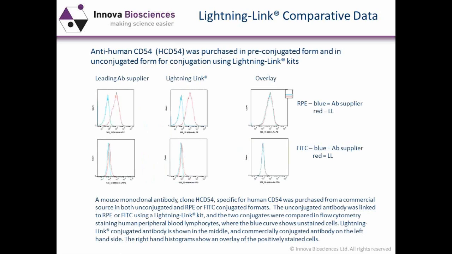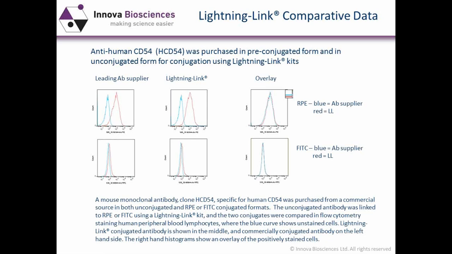In this particular experiment, we're looking at another marker, CD54. Now, CD54 is much more weakly expressed at the cell surface, and this is a good example of where you can see the difference between the very bright phycoerythrin marker and the less bright fluorescein or FITC marker. At the top, you'll see phycoerythrin staining.